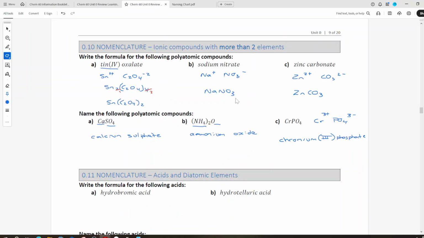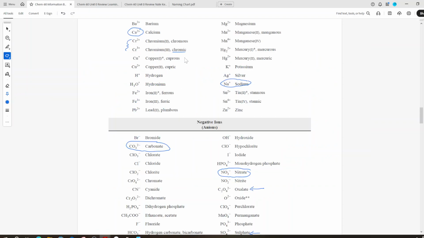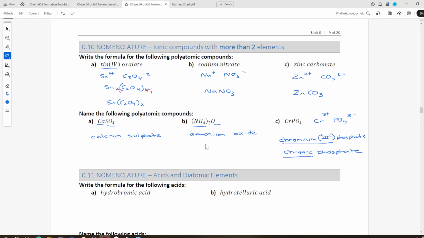So if you ever do see it, chromic phosphate is an alternate way of naming a type 2 compound instead of using the Roman numerals. But personally, I can never remember which one's which, and so I just like writing the Roman numeral. But you may see this throughout the course, that instead of chromium 3, they write chromic. I did choose the right one, right? Yeah, cool. Awesome. Okay, go and practice these type 1 and 2 polyatomic compounds.